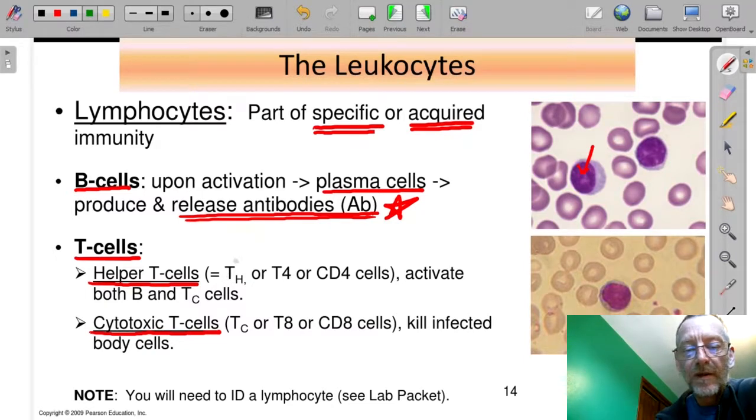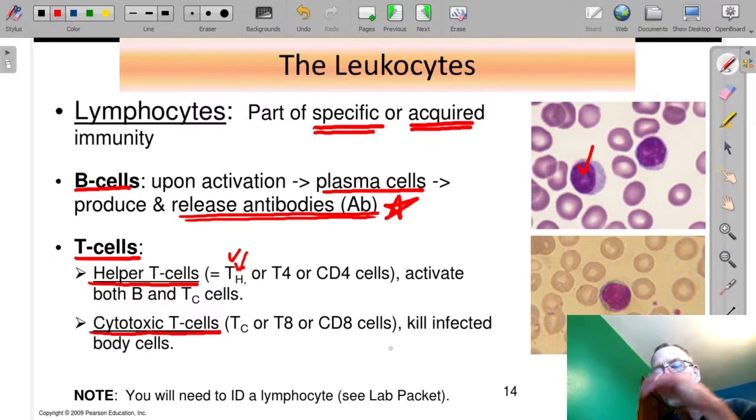The helper T cells, again, go by different abbreviations that you probably should recognize. T for T cell, and H for helper, so T sub H. They're identified by proteins on the surface, and one of those proteins is called CD4, which sometimes is abbreviated to T4.